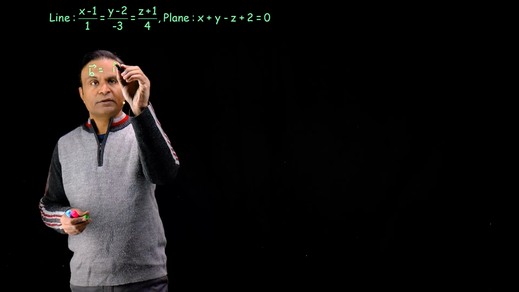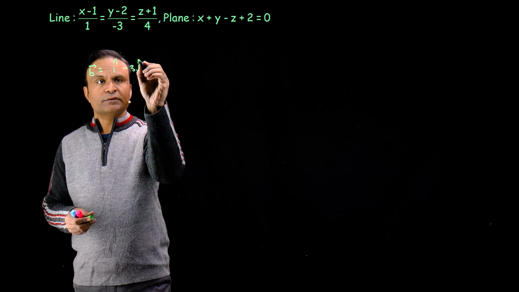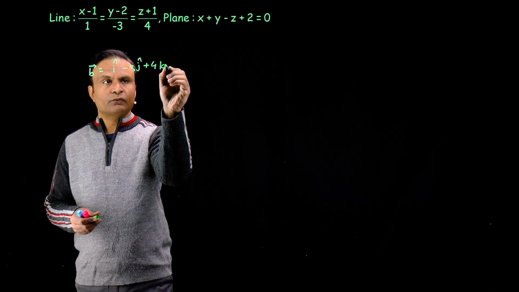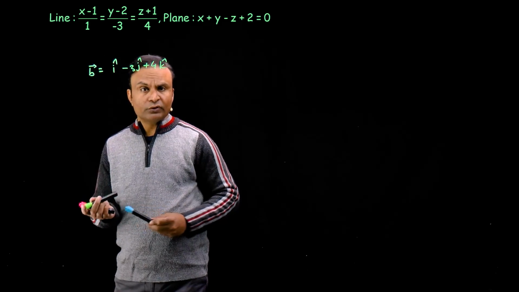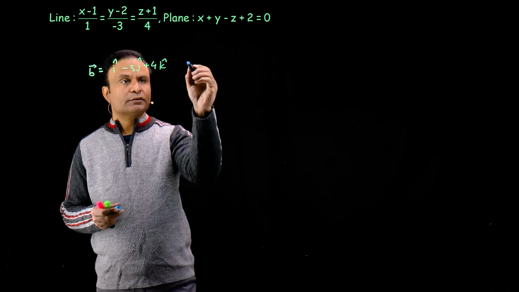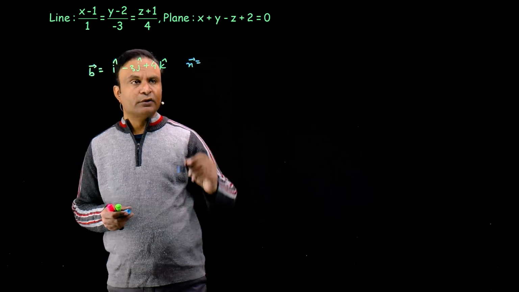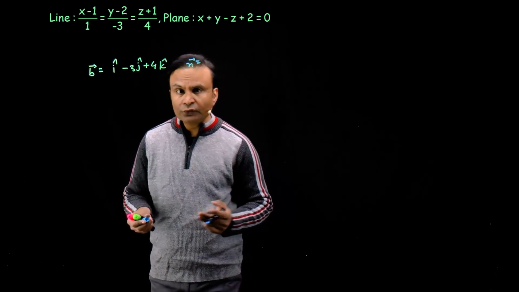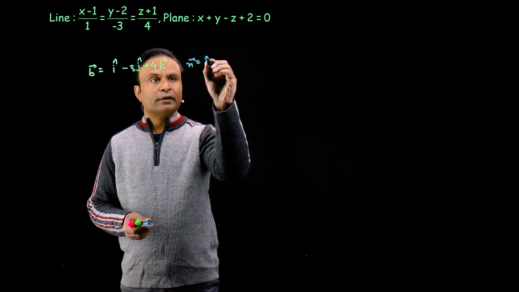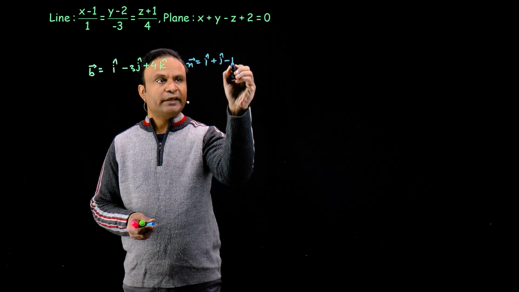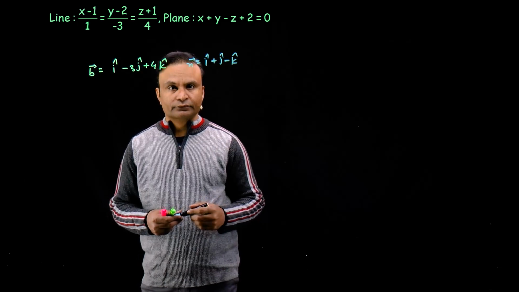So the vector is i minus 3j plus 4k. And the vector normal to the plane, vector n, we get from the coefficients of x, y and z, that is i plus j minus k.